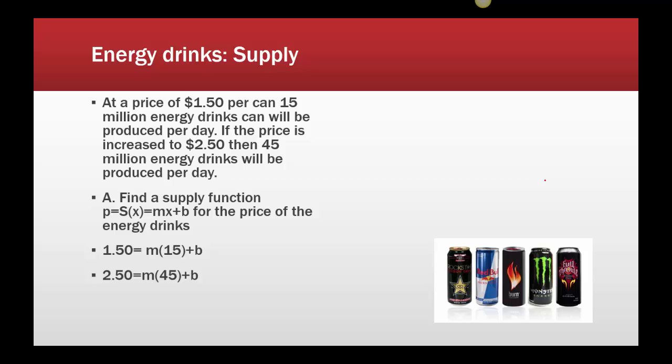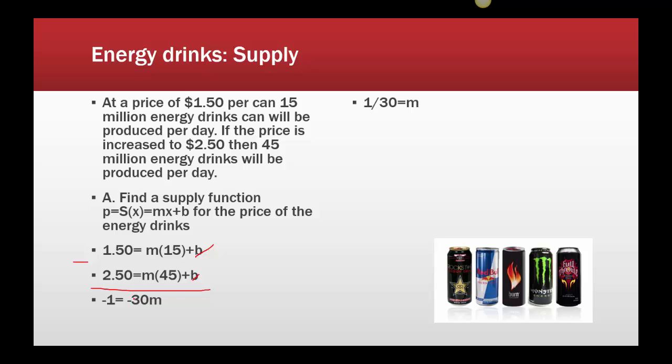All right, so I have these equations that we set up, and one more time we will be subtracting them. That should feel normal. So 1.5 minus 2.5 is negative 1. 15 minus 45 is negative 30. And one more time, the b's cancel out. Okay, this time I have a negative times a negative, which makes it a positive when I do the division.